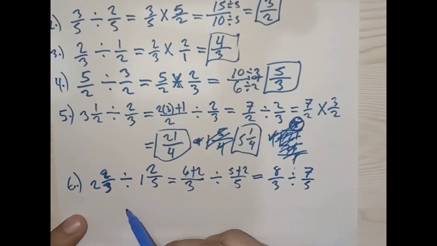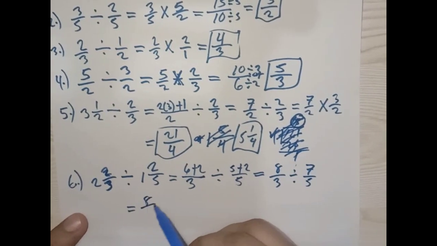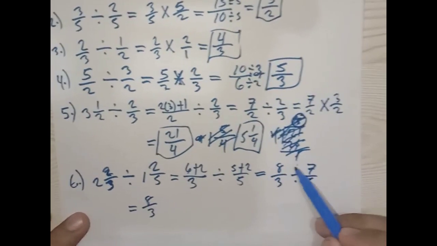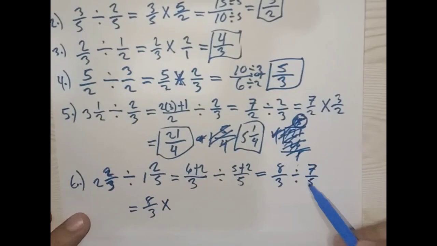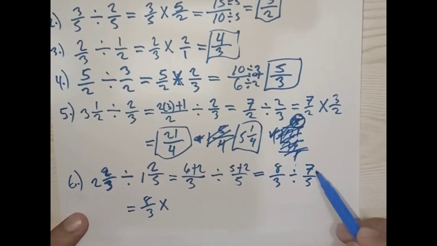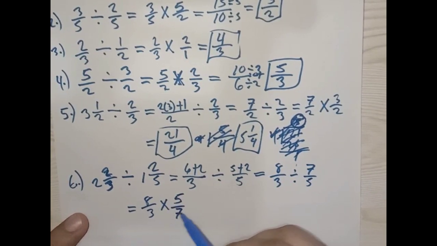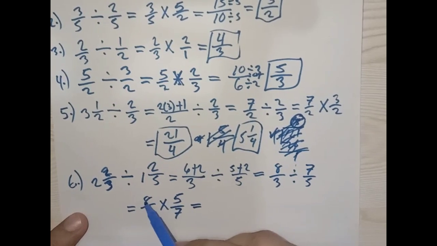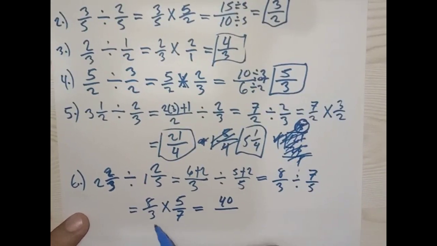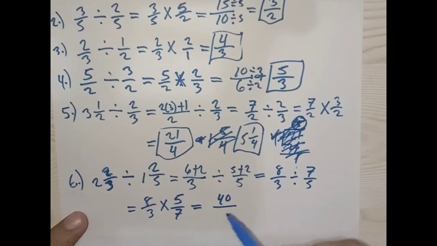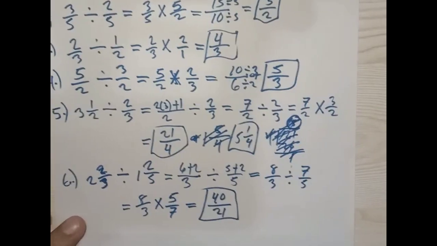Okay, sa baba. So, copy the first term, 8/3. Change the operation into multiplication times. Inverse or reciprocal ng 7/5 is 5/7. And then simplify. 8 times 5 is 40 over 3 times 7 is 21. So this is our answer.